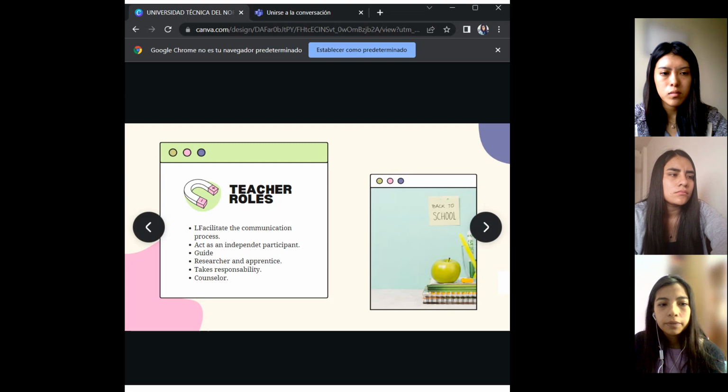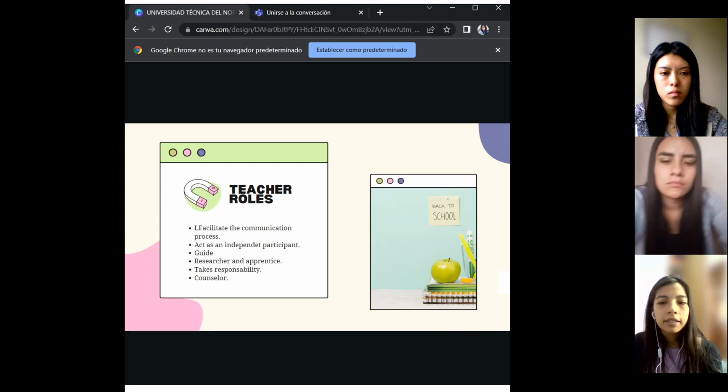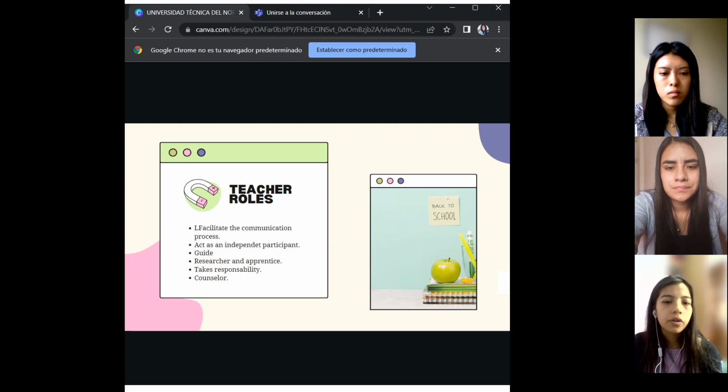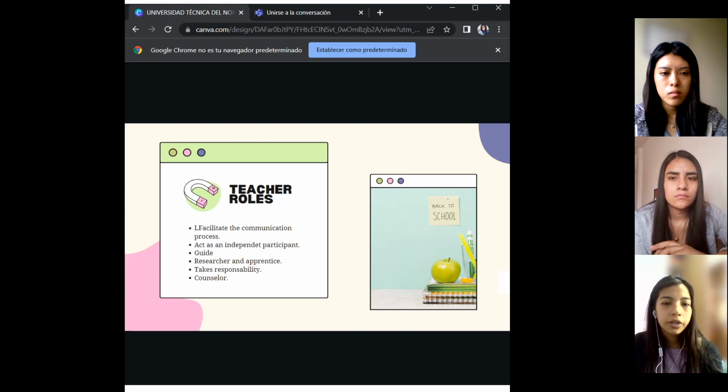The teacher's roles. Facilitate the communication process between all participants and the various activities and texts. Act as an independent participant, organizer of resources, and a resource itself, as well as guide, researcher, and learner, contributing appropriate knowledge and skills, and actual and observed experience.